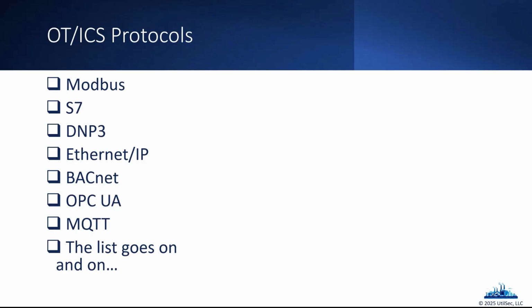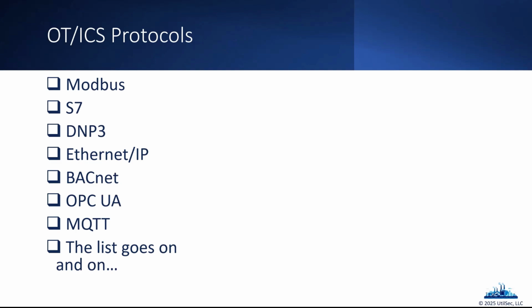We have things like SMB for file and print sharing. We see Kerberos from Active Directory for authenticating usernames and passwords, our credentials, when users go to log in to different systems in the Active Directory domain. And the list goes on. We can still see a lot of these protocols come over from IT. So we're bringing in all of those vulnerabilities.